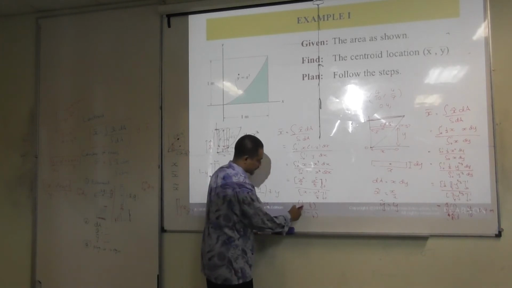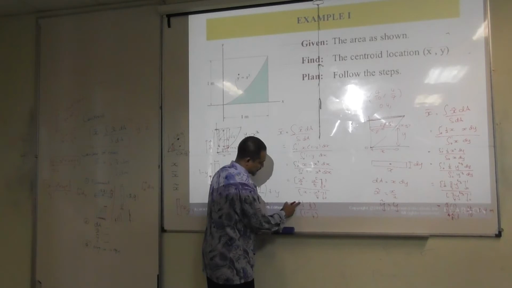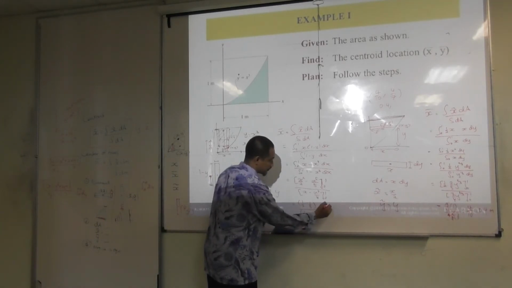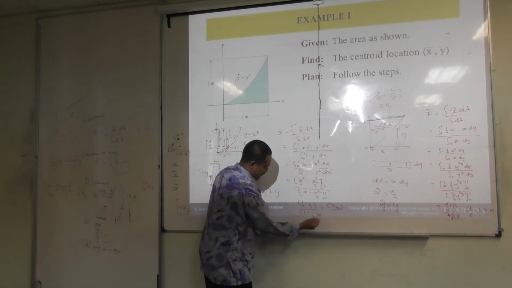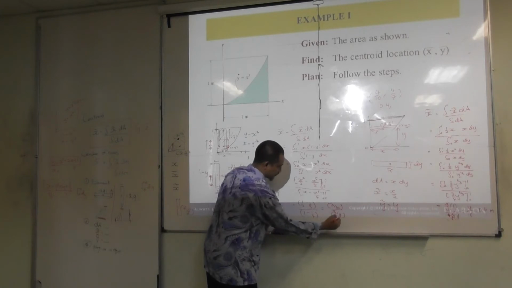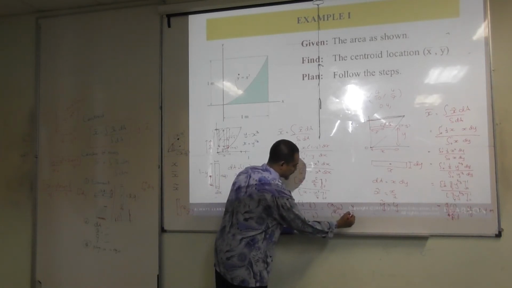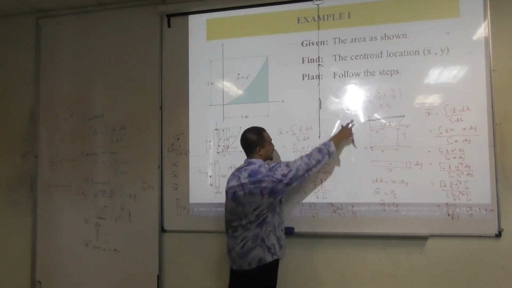What will this one be? This one will be what? 5 over 10 minus 2 over 10, 3 over 10. It's easier to do with a calculator, right? This one will be 3 over 4. So you get 4 over 10, which is exactly the same.